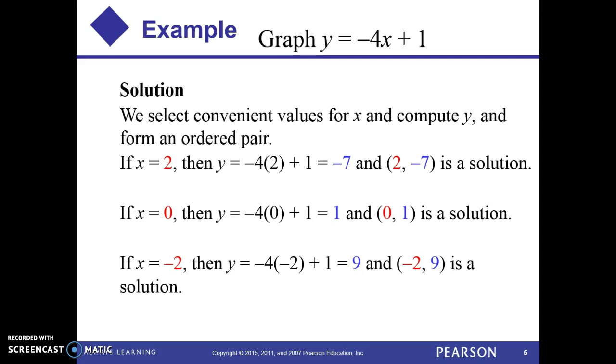You can pick any number at all that you want for your x. In this case, we just picked 3 easy numbers: a positive, a negative, and 0. That'll give you a really good idea of what the graph will look like. Keep that in mind as your rule of thumb.